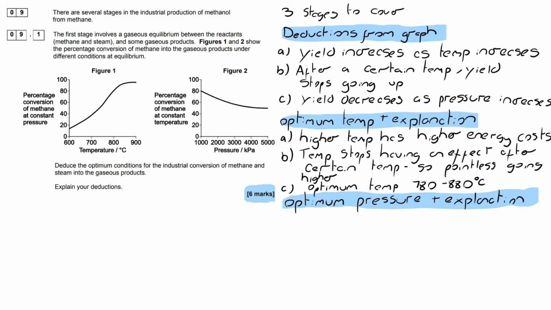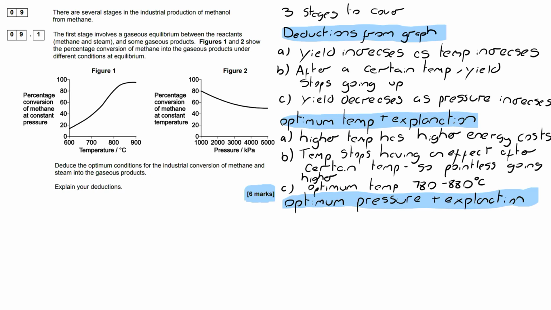There's also the fact that the temperature stops having an effect after a certain point, so it would be pointless going any higher. And then from there, they would also want you to choose the optimum temperature, and the range that was acceptable was somewhere between 780 and 880. So just for clarity, that's where it's starting to level off in figure 1.